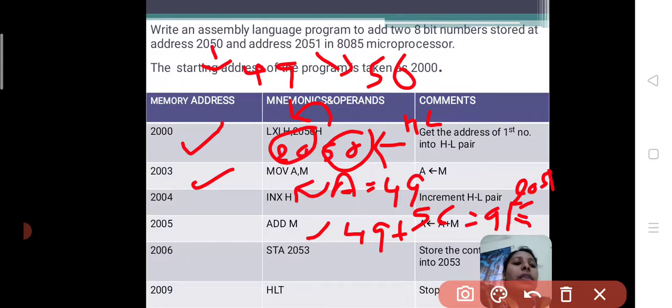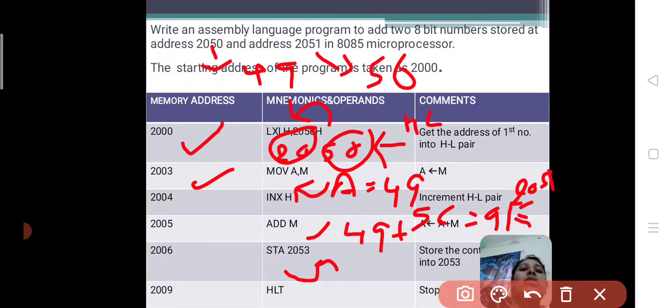Next I will give the instruction STA 2053. It means store the accumulator into 2053. In place of the accumulator, 9F is present, which is the result. Now this accumulator data will be stored into the 2053 location.